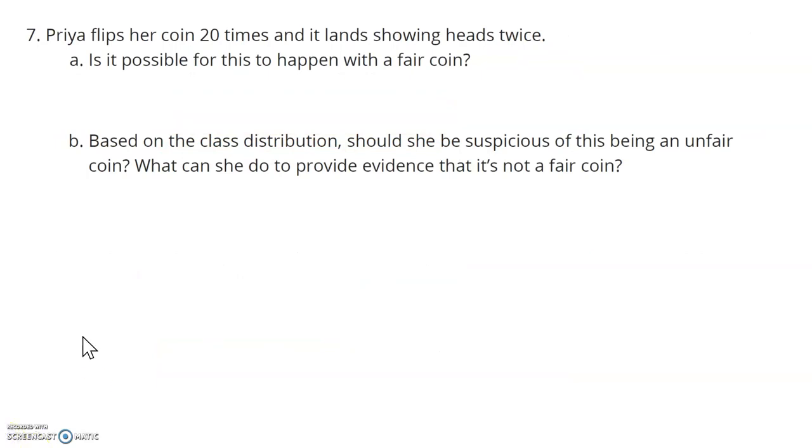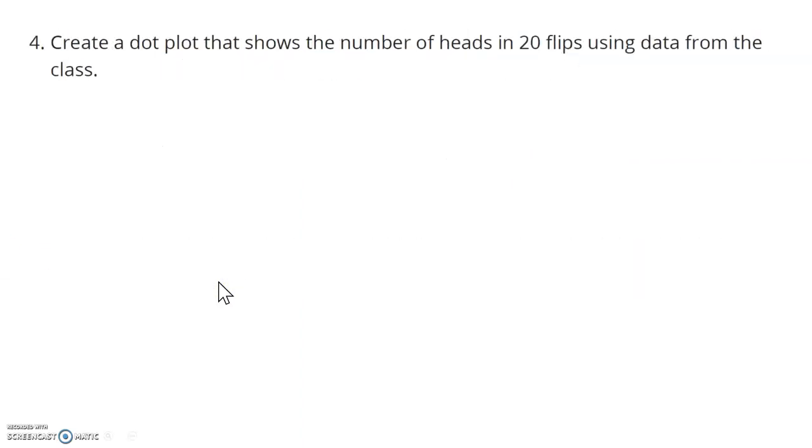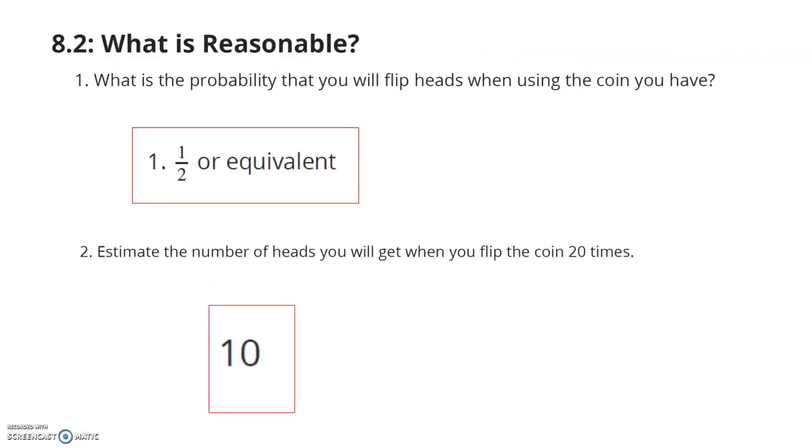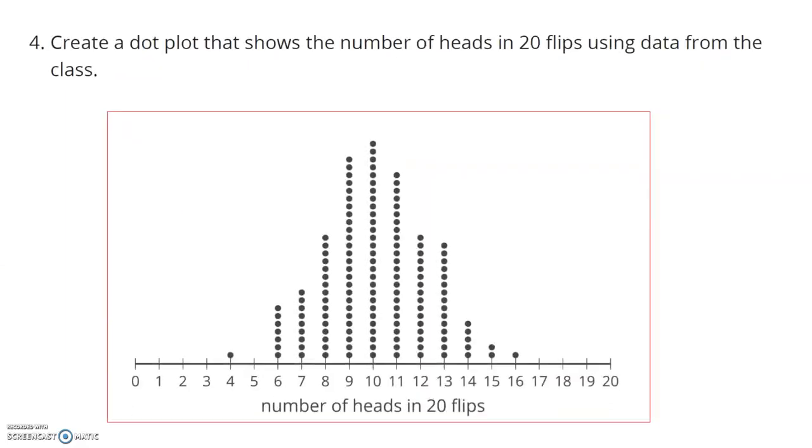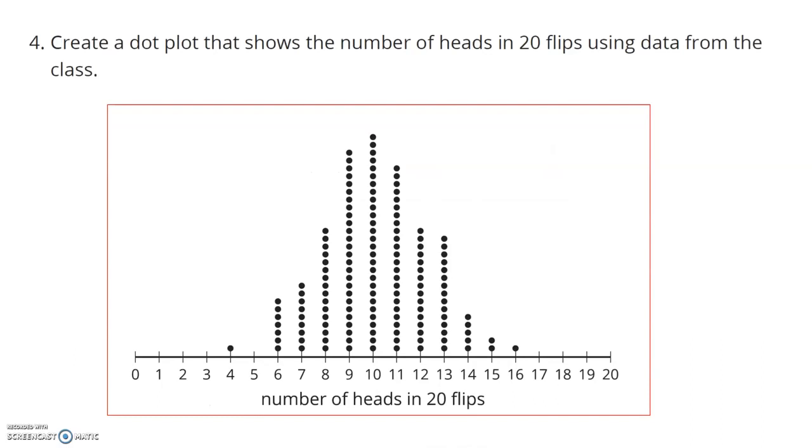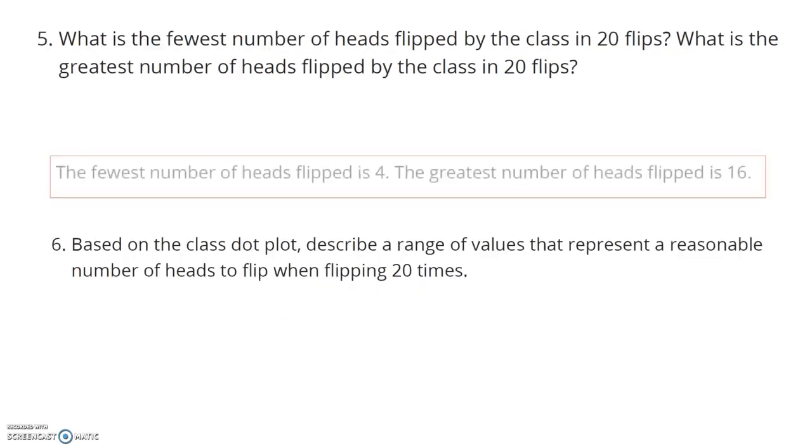So she should be suspicious, maybe for some of you, and some of you might say no, it looks like it's fair, but I think she should be suspicious. But let's go back here. It says that 10 is the average number of heads in 20 flips.